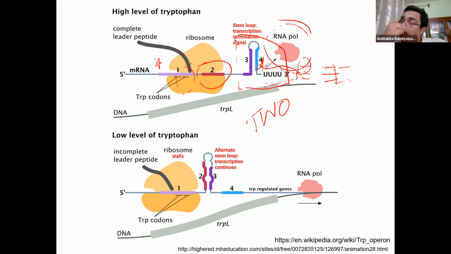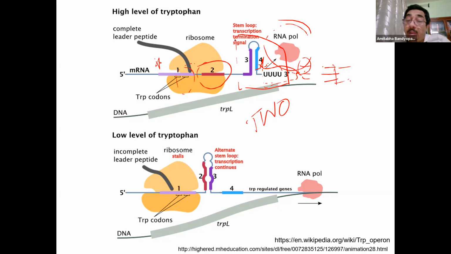So it will fall off. The ribosome will fall off along with it. The polymerase will fall off. Okay. So this is the method of transcription termination in prokaryotes normally. So the trip leader actually facilitates that kind of transcriptional termination.